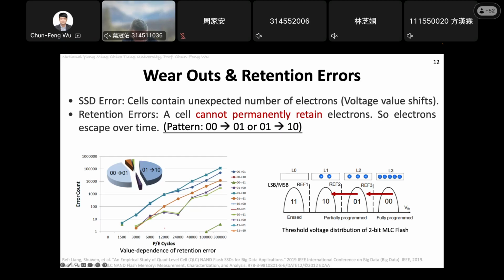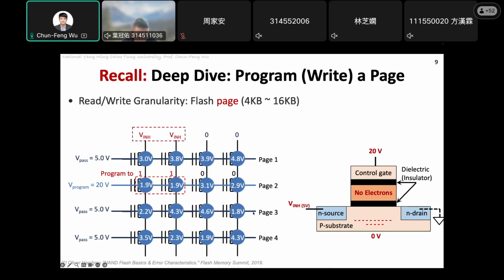sorry, let me show you. Okay, because when we do the programming, we give a very high voltage value to one page. Because this is a super high voltage, the electric field will probably also affect the neighbor. This is called disturbance.